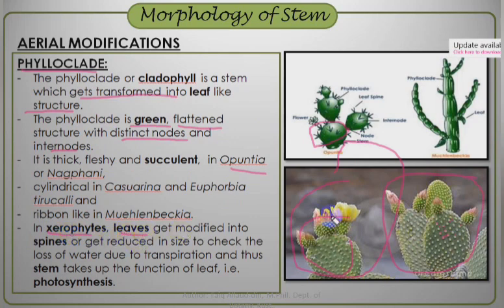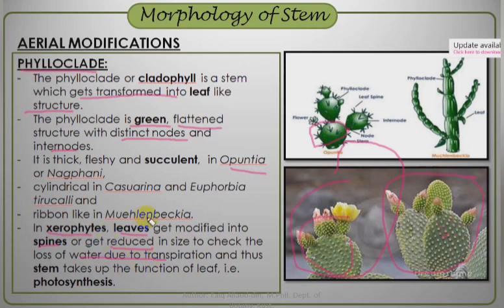And the leaves in these plants get modified into spine-like structures. The question arises, why would a leaf get modified into a spine-like structure? Because to reduce the loss of water during transpiration. Why? Because these plants are already growing in dry conditions, so there is shortage of water, so the leaf gets modified into a spine to reduce the rate of transpiration and the loss of water.